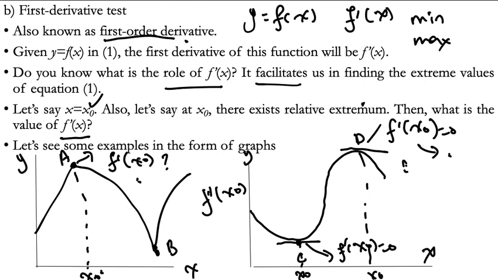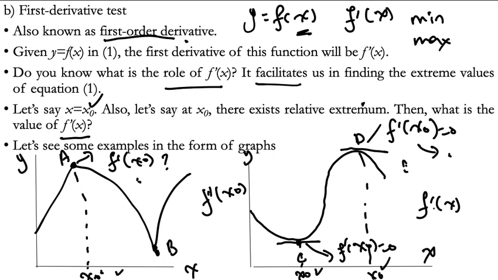Here, we have the first derivative test for relative extremum. So, if the first derivative of a function f(x), at x0, let's say x0 is here, or here, or somewhere here, then if at this x0 the function has f prime x existing, then the value of the function at x0 will be what?